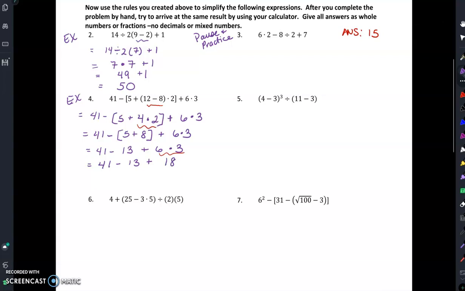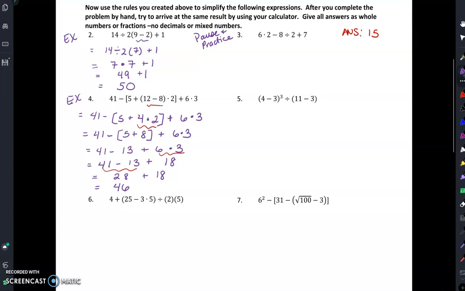They are the same hierarchy, so I'm going to work left to right on those. And I will get 28. So I'm going to just put a little squiggle here to show you. So we'll have 28 plus 18. And then finally, we can complete this last step and get 46.